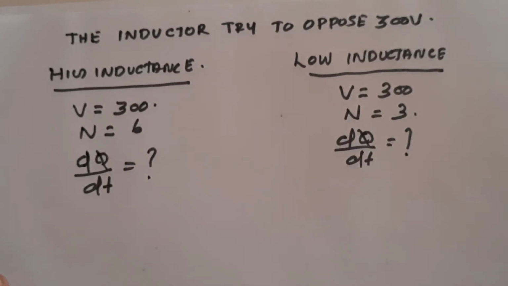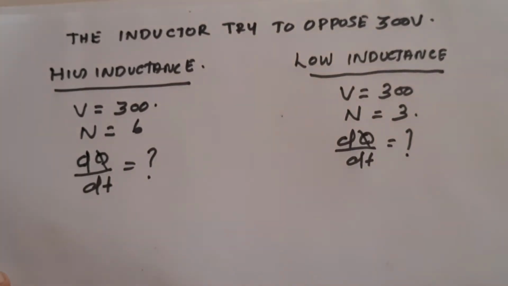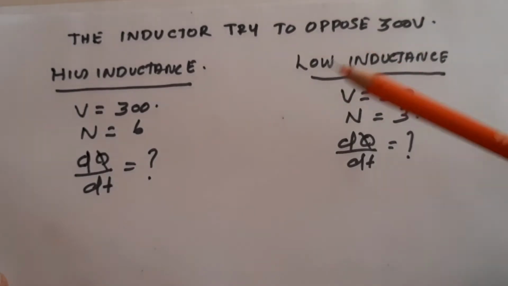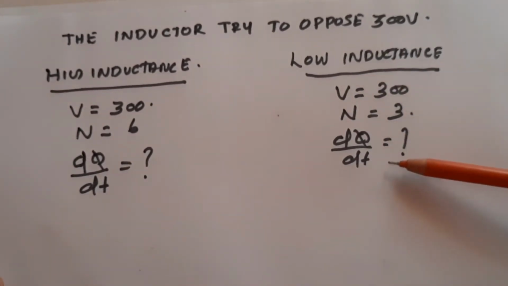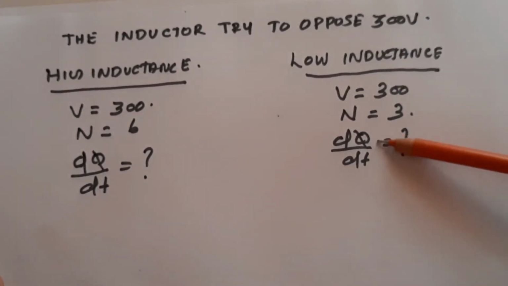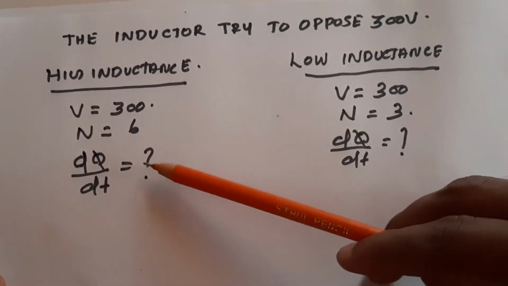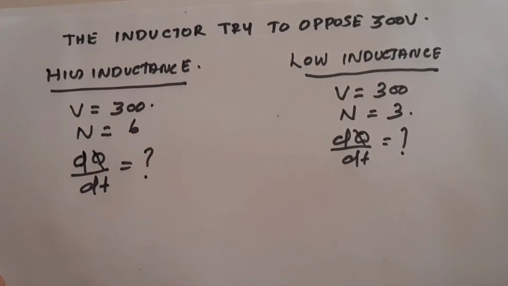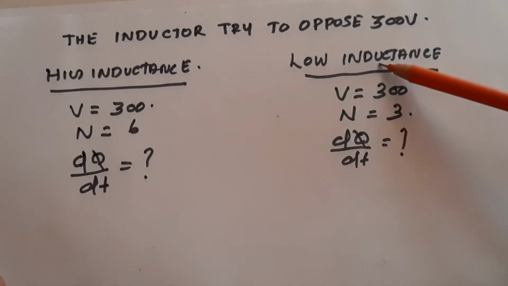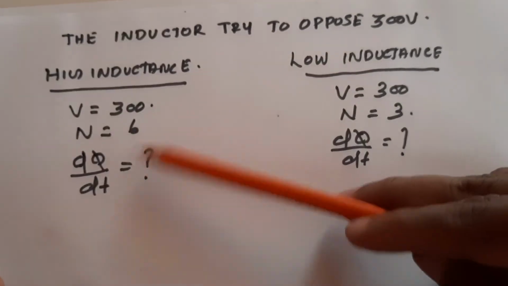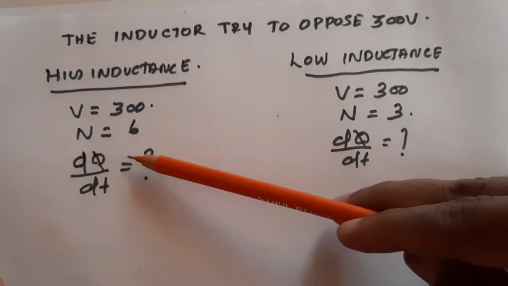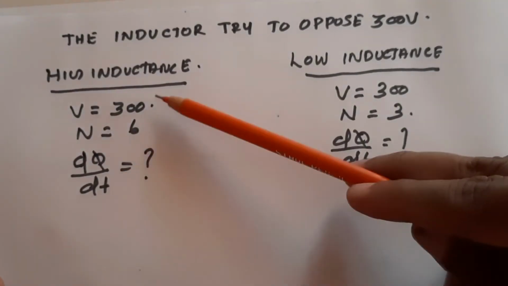Now we look at how the waveforms come like that. The low inductance waveform has a high dφ by dt and high inductance has a low dφ by dt. How is the flux changing more in low inductance and not so much in high inductance?